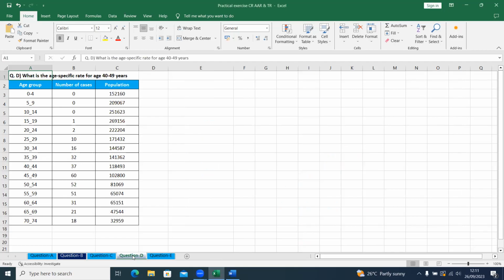Question number D. Read this question. The question is, what is the age specific rate for the age group 40 to 49? Please calculate the age specific rate for the age group 40 to 49.